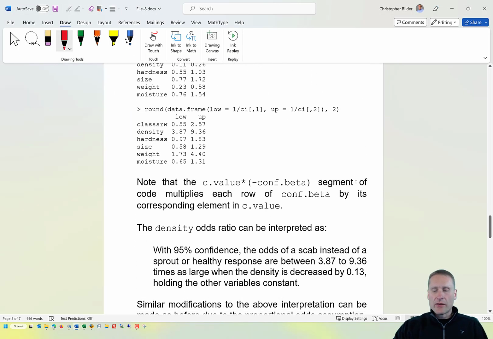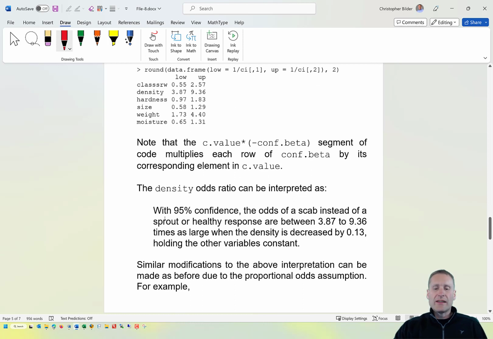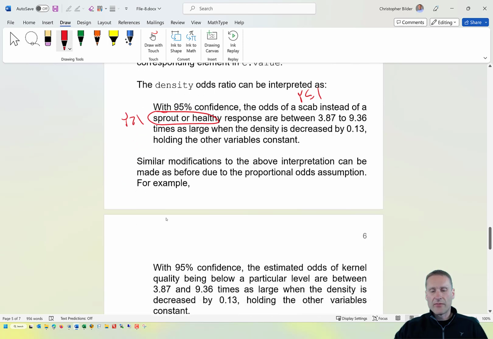Now notice, an interpretation here is with 95% confidence, the odds of a scab instead of a sprout or healthy response, so scab again would be y less than or equal to 1, sprout or healthy would be y greater than 1, are 3.87 to 9.36 times as large when the density is decreased by 0.13, holding the other variables in the model constant.